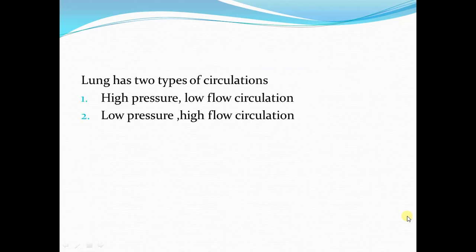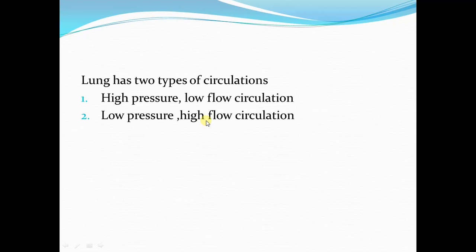The lung has two types of circulations, as we have discussed when we learned about the physiological anatomy of the respiratory tract. It has a high pressure and low flow circulation, which is the bronchial circulation, and it also has a low pressure high flow circulation, which is the pulmonary circulation.